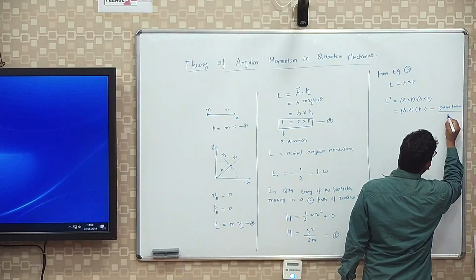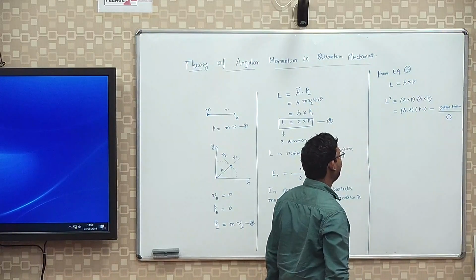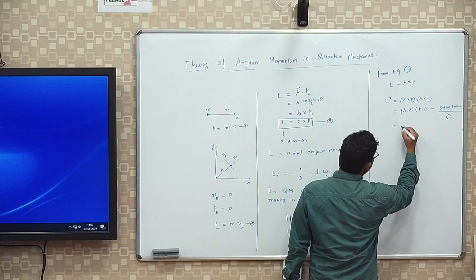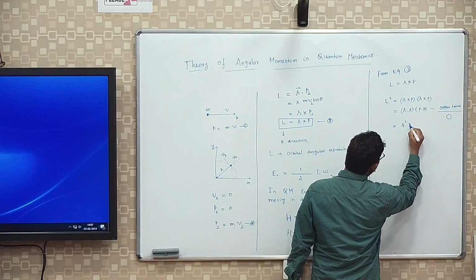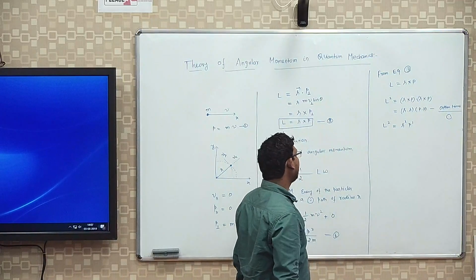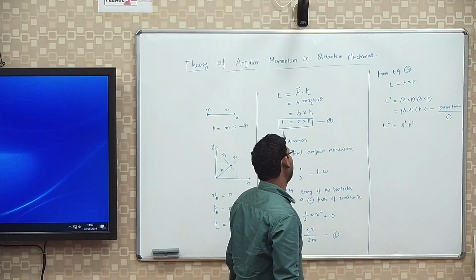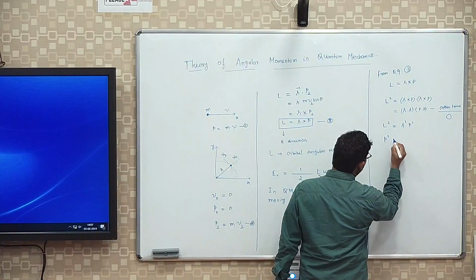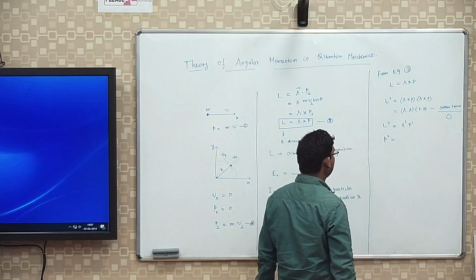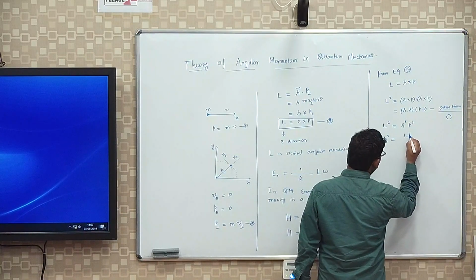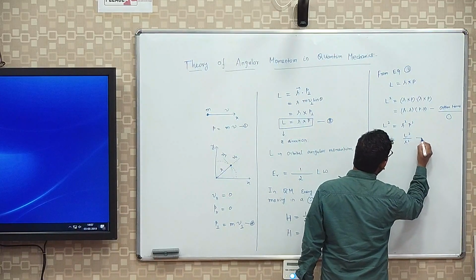These other terms will become 0, so we need not worry about them. Now if we reduce this, r squared p squared is nothing but L squared. After reducing this, for getting the linear momentum, p squared is equal to L squared divided by r squared.